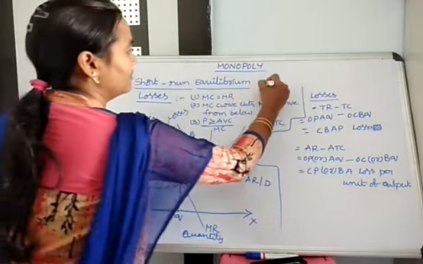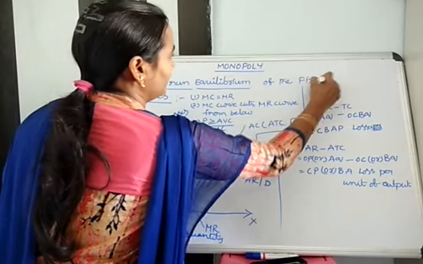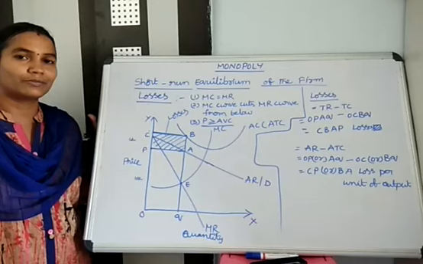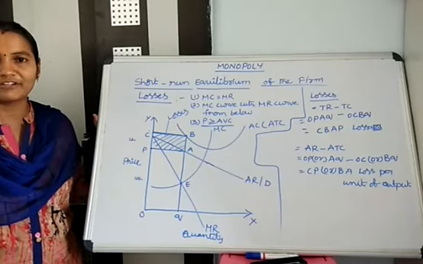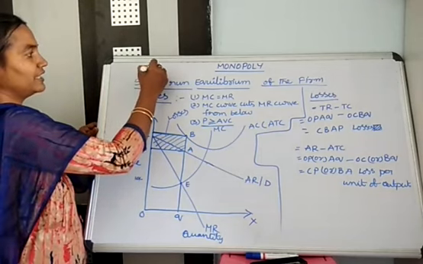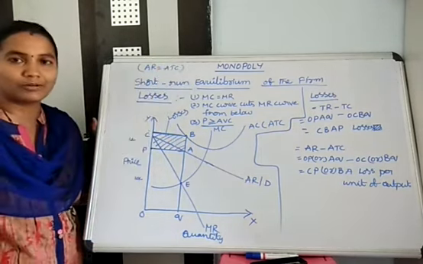Equilibrium of the firm under a monopoly market in the short period can have two or three outcomes: supernormal profits or losses, or normal profits also. In normal profits mainly we show AR equal to ATC, then the firm will be getting normal profits.